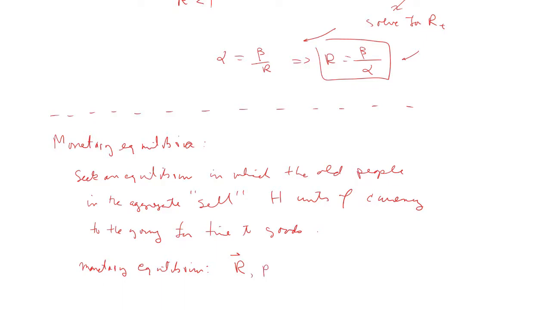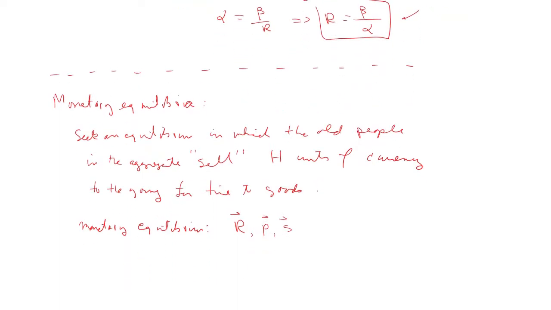A sequence of prices, price levels, and a sequence of saving rates. So a monetary equilibrium is going to be this sequence, and by x bar I mean the entire sequence for any variable x.